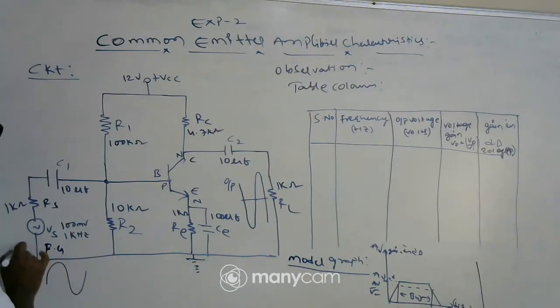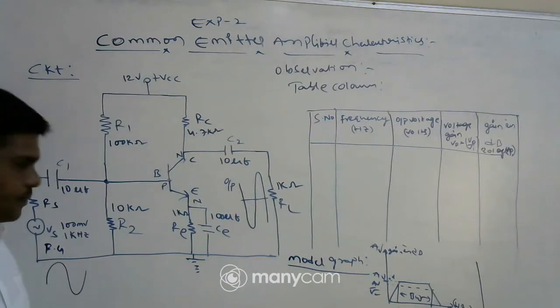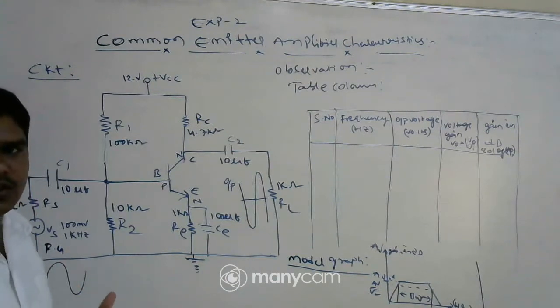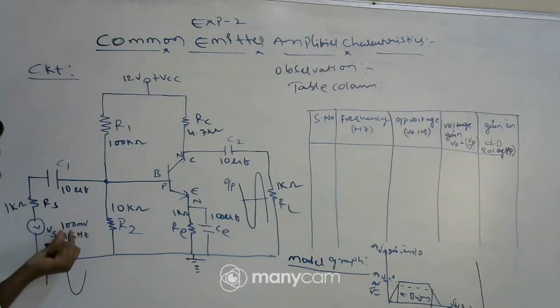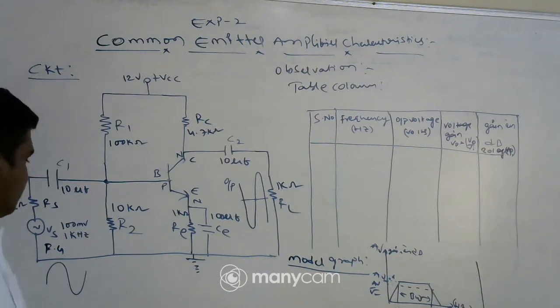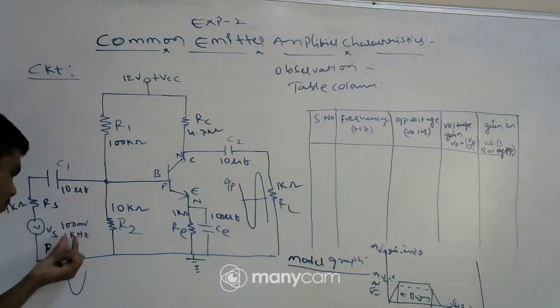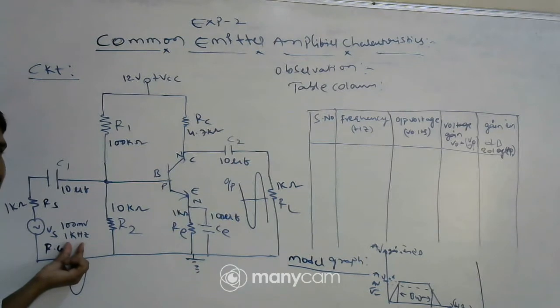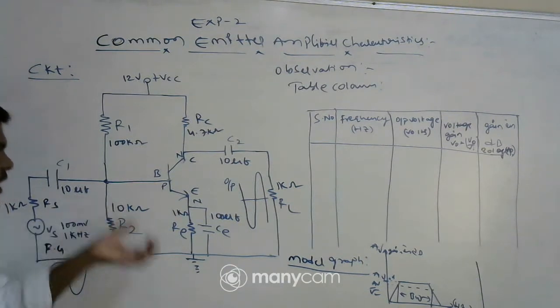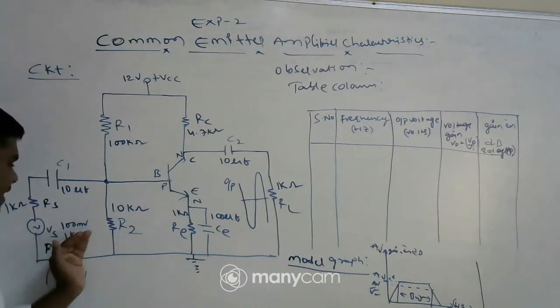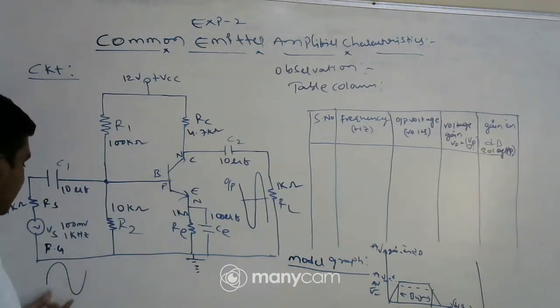This signal we have to take from the function generator; I will show you. We have to set this signal to 100 millivolts and 1 kilohertz frequency. This is my weak signal. The amplifier increases only the amplitude of your input signal, and like this you will get the output of the amplifier.